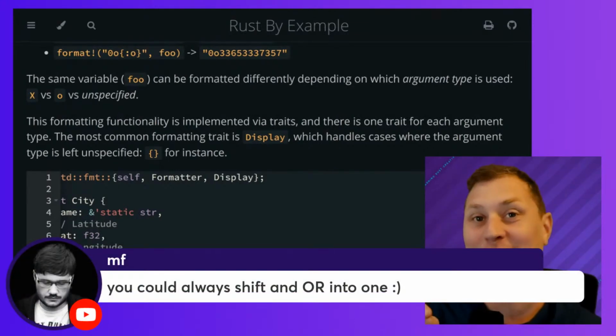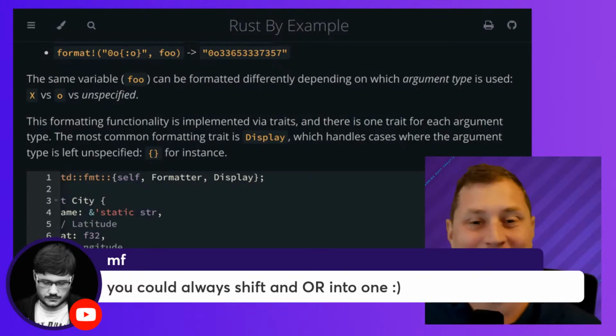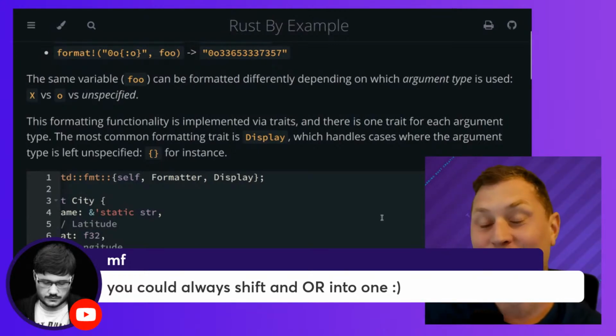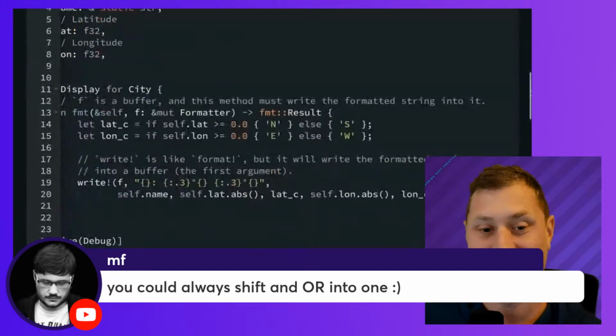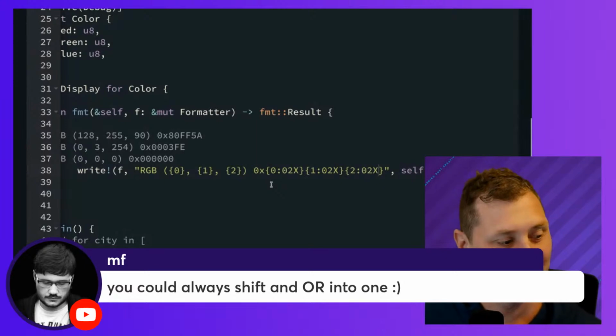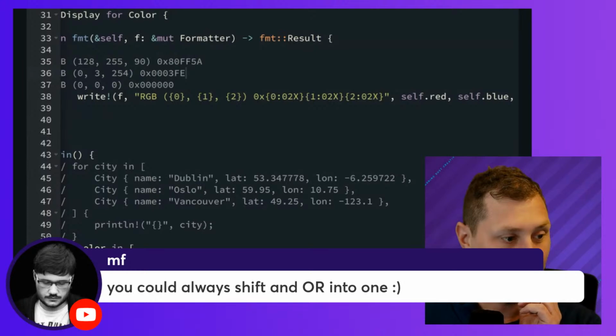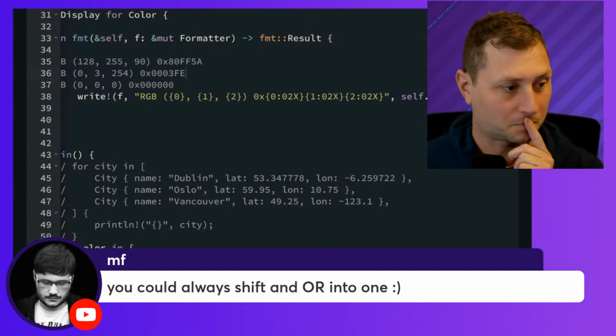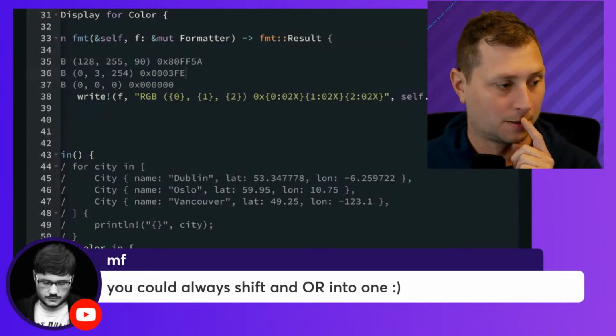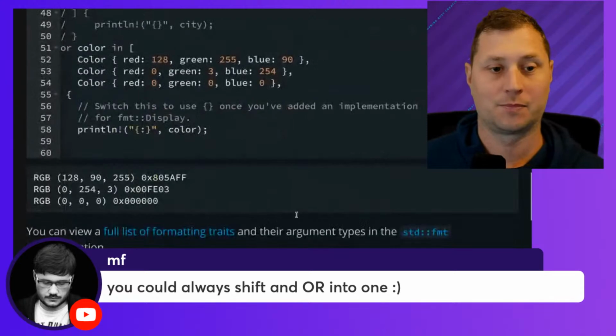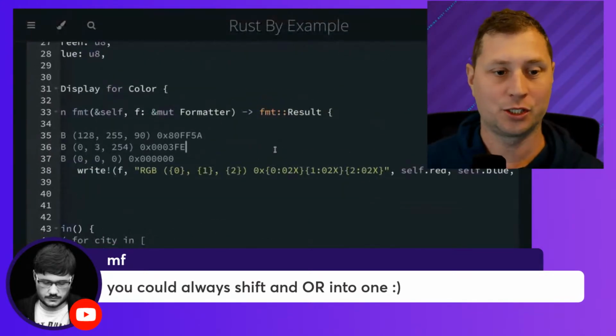Now, this is a bit of a trick because I could shift all of these. This is a bit of a challenge, and the challenge that I've been given is to push all of the data into one integer.